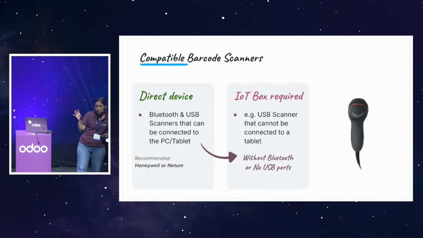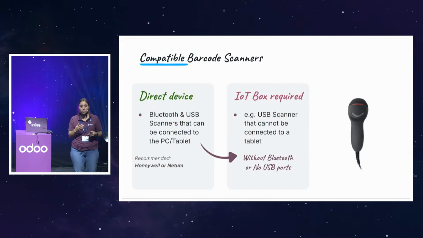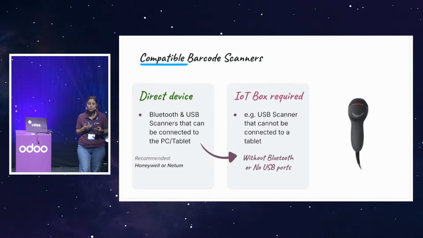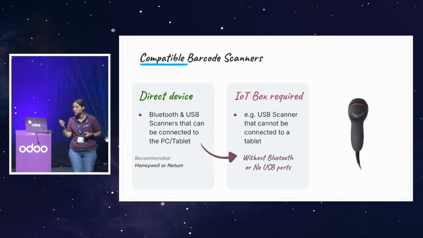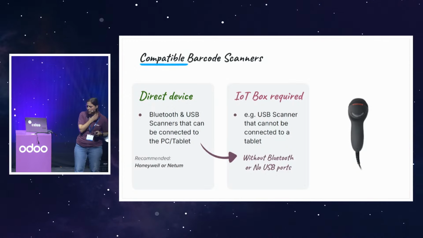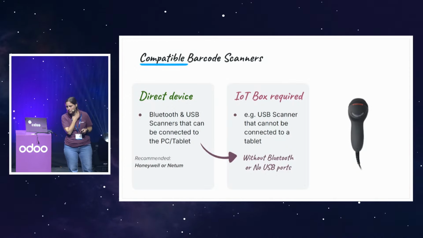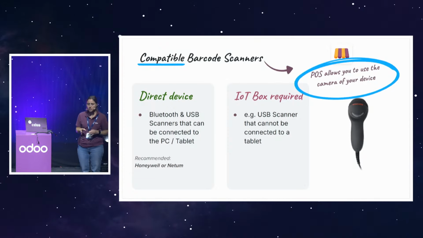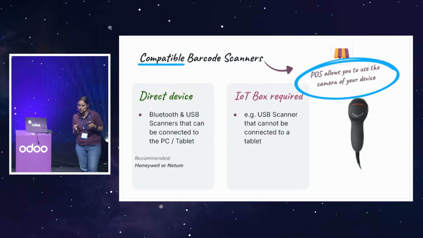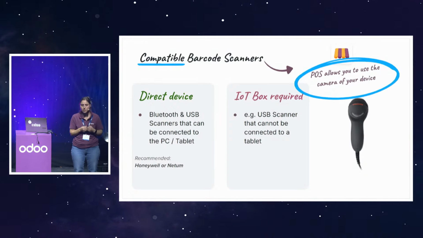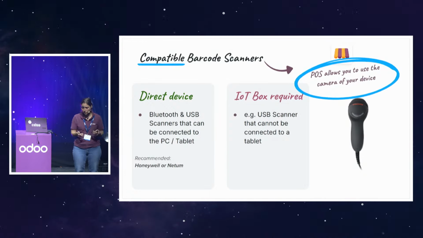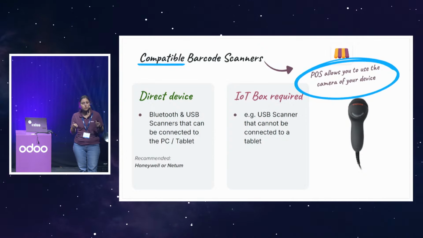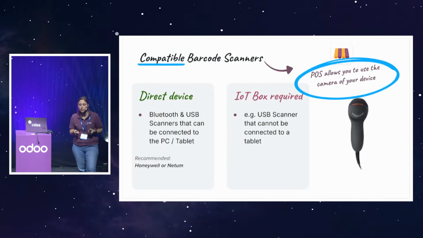Now, if you're, for instance, working with a tablet where you don't have the Bluetooth and you don't have the ports to connect it with a USB, then indeed you might require to have an IoT box. So just know that since this version, you will be able to actually use the camera of your device. So if you don't have a scanner, you can actually use the camera of your tablet, for instance.